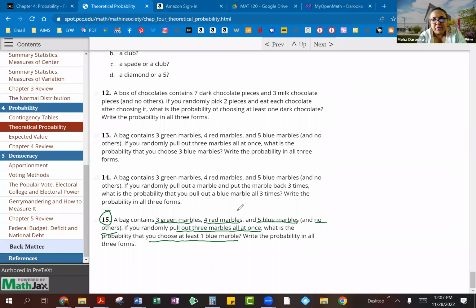And since you're doing 5, 4, and 3, of course, your total will still come out to be 12. And they want to know what is the probability that at least one of them would be a blue marble.